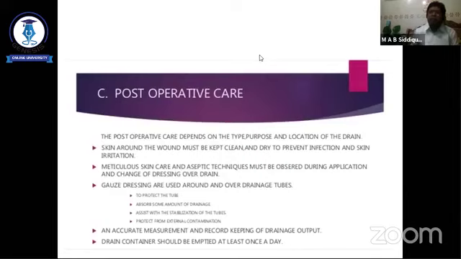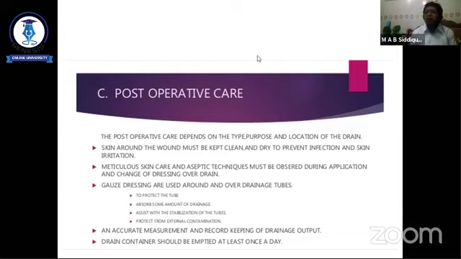Postoperative care. The postoperative care depends on the purpose and location of the drain. For example, following laparoscopic cholecystectomy, we use a drain, and it will be removed after 24 hours.